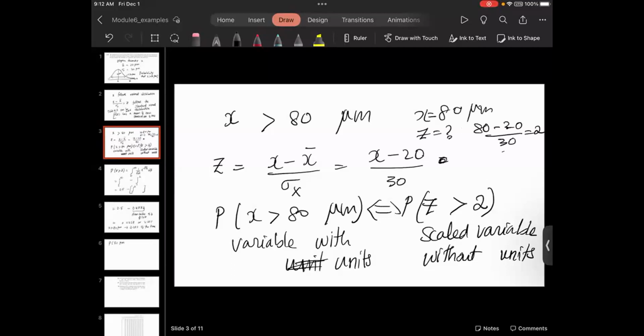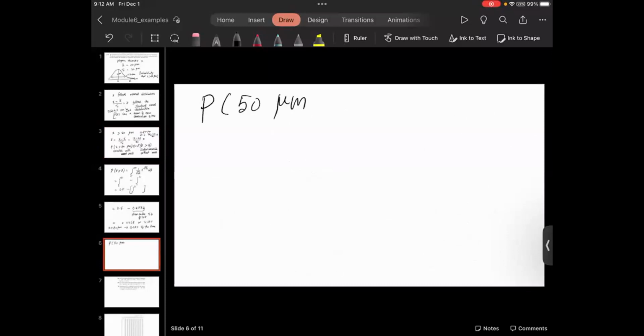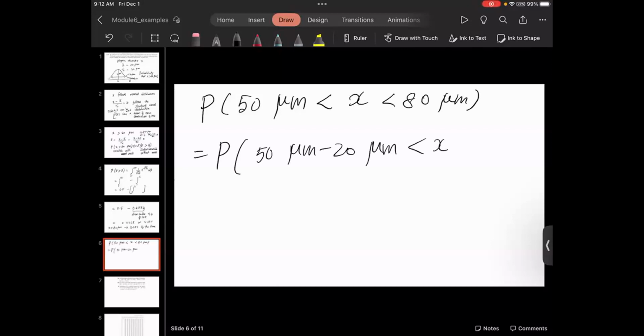So it's like asking, if x takes a value of something, what is the scaled value of x, which is nothing but z. So if I go for the probability that x assumes values between 50 and 80 microns, this is an inequality. So I can subtract 20 microns, the mean, from each side. I can write 50 minus 20 less than x minus x bar less than 80 minus 20.